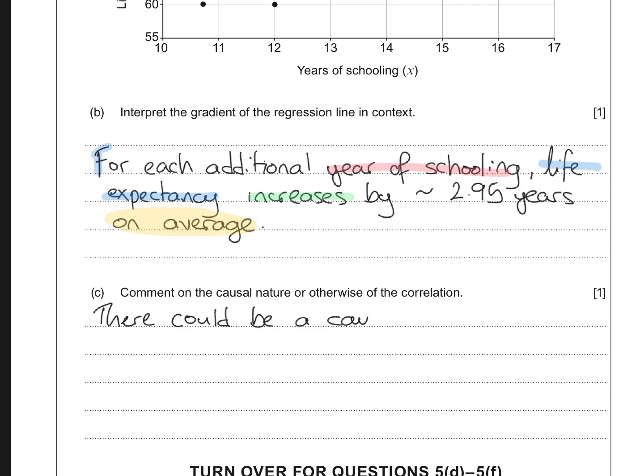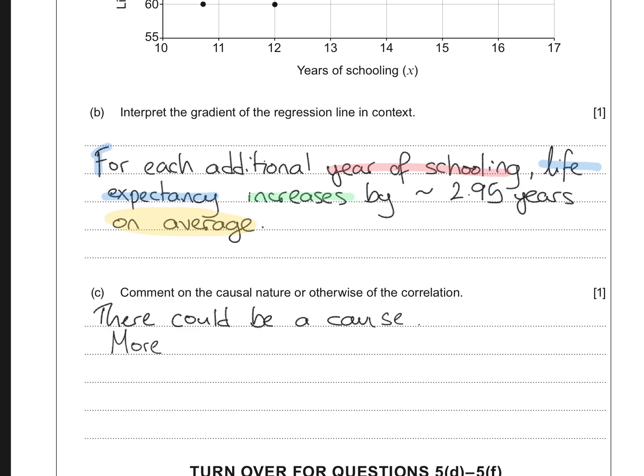There could be a cause. In general, and we are generalizing here, if you are more educated, you tend to make better, more sensible life choices. This could then lead to an increased life expectancy.